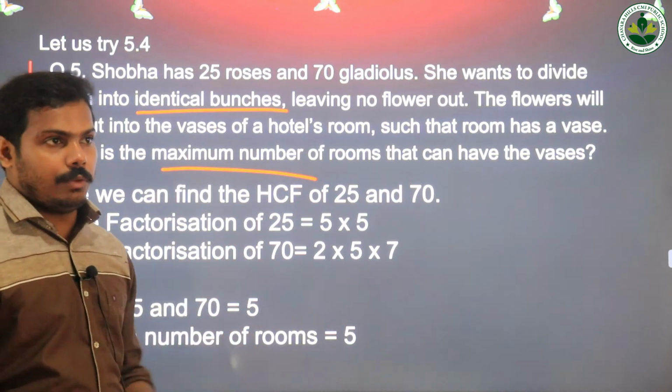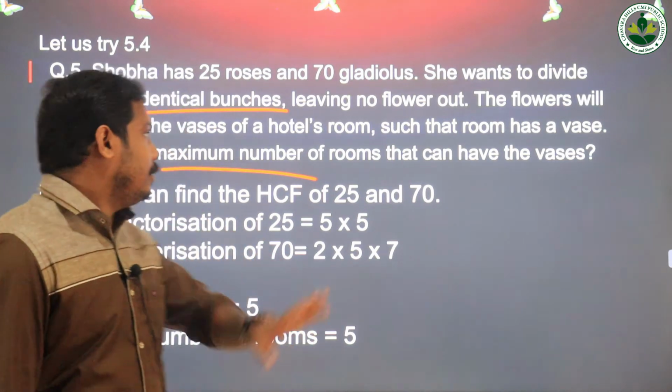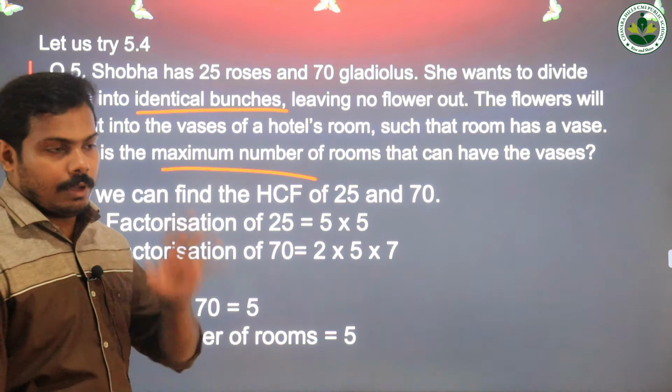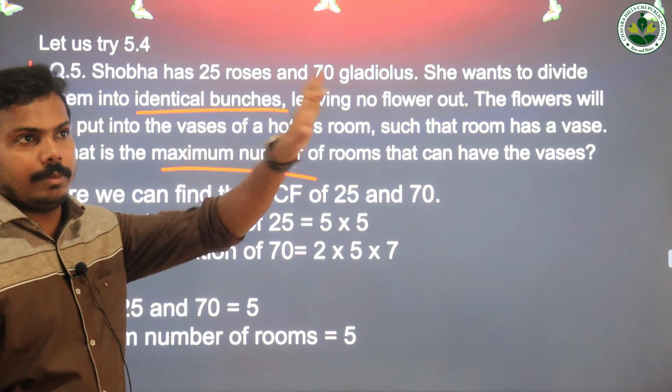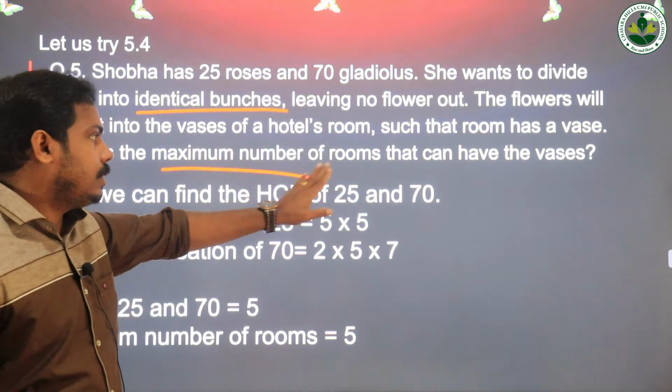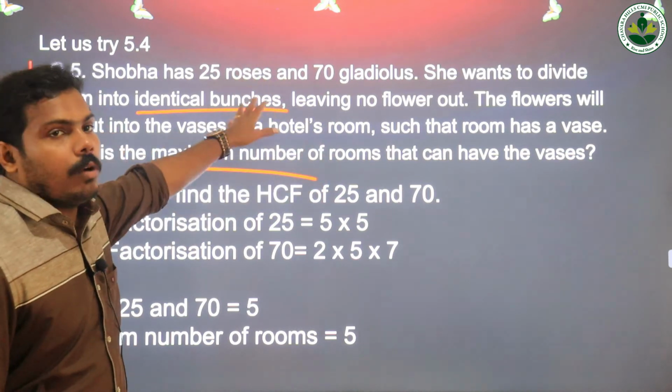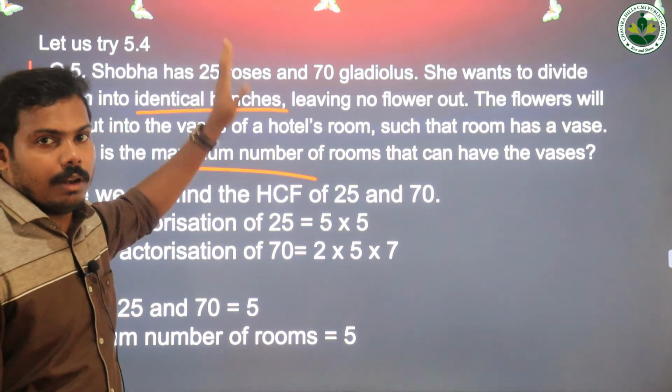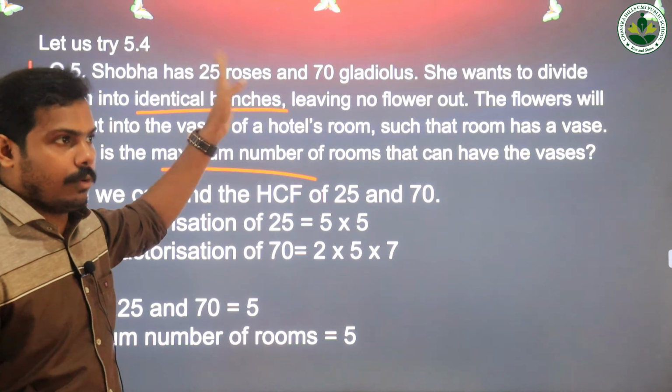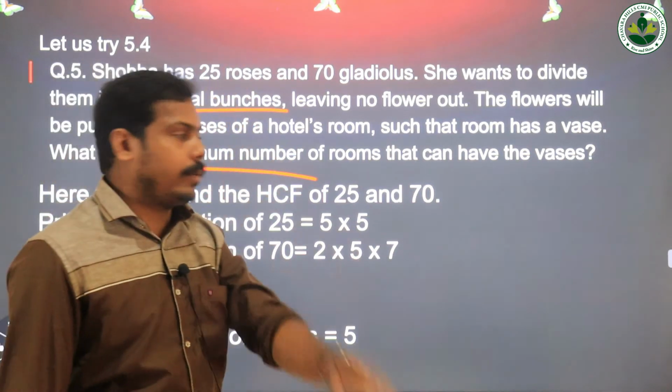Those terms, maximum, highest, larger, bigger, all represent HCF. Maximum, common, highest, equal. Always remember that. Okay.